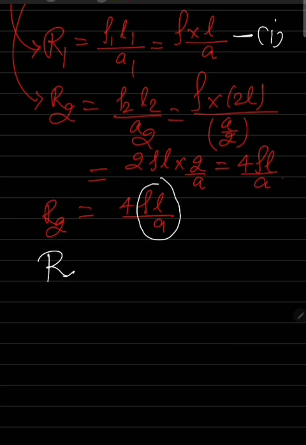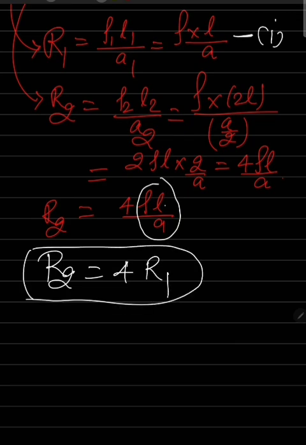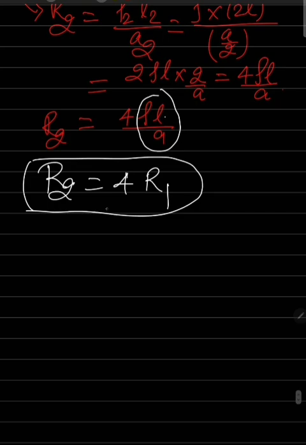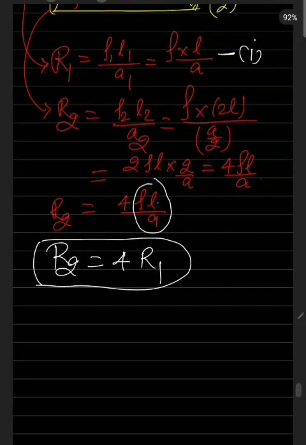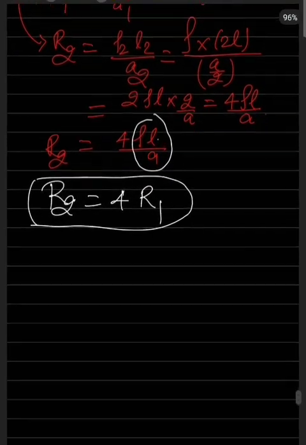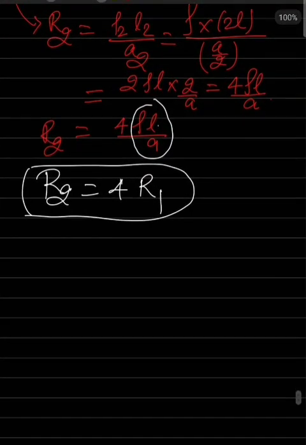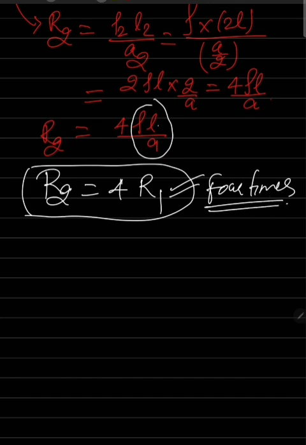Through that we can write that instead of rho L by A, we can directly write R1. So 4 R1. So what you have observed is that the resistance of the second wire will become 4 times the resistance of the first wire. Through this we conclude that whenever we double the length of any wire, its resistance is going to increase 4 times. That one you have to remember.